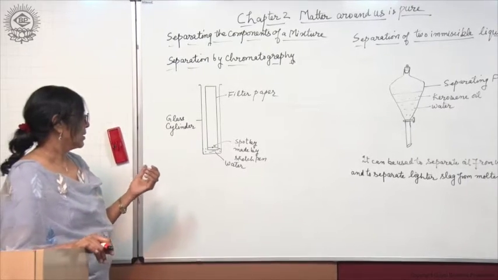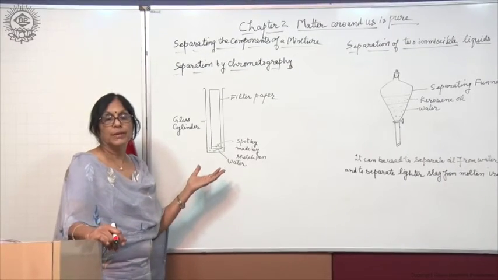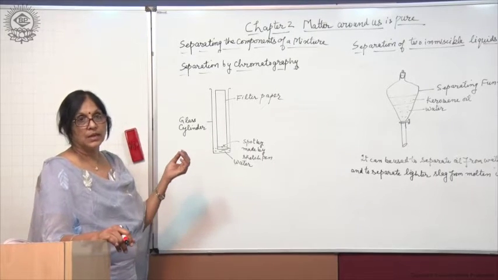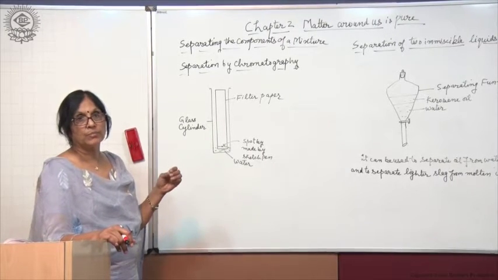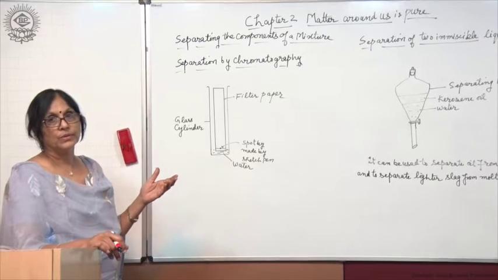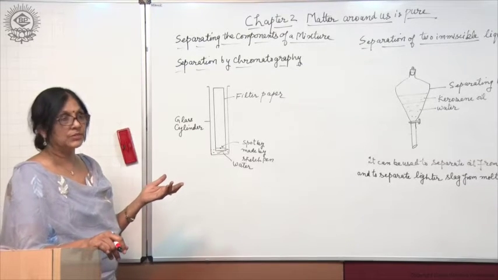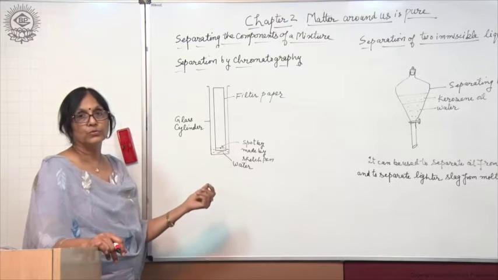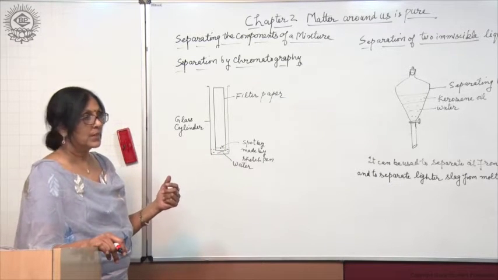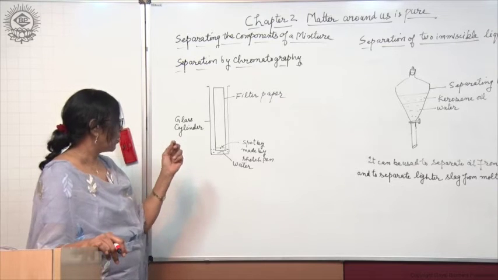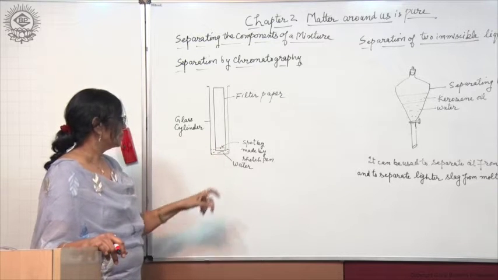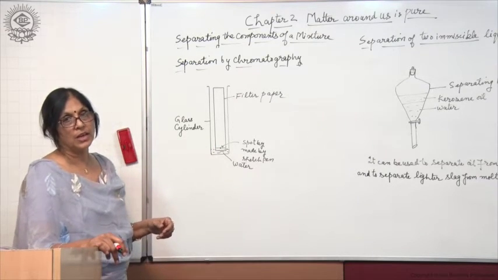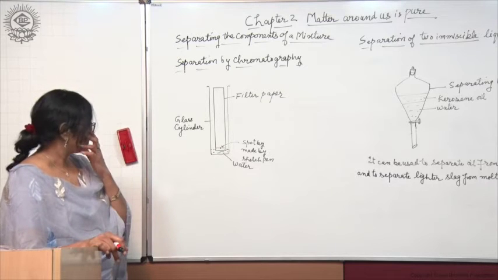Now, by this method we can show that the ink is not a pure substance; it is a mixture of many substances. A line is drawn, say about 2 centimeters from the edge, and a very small spot is made on this line with the help of the black sketch pen.